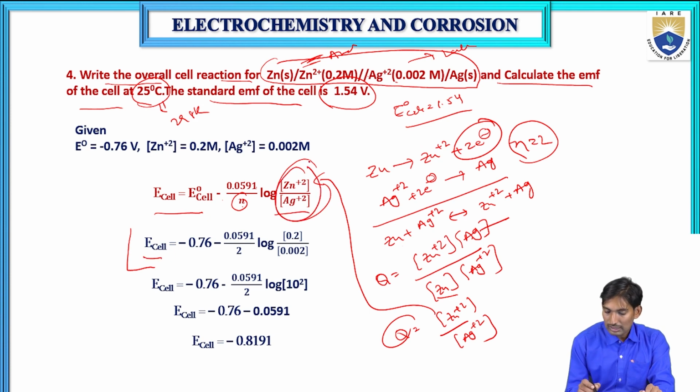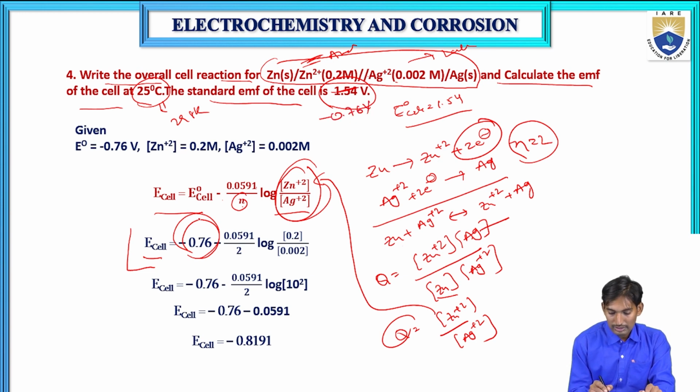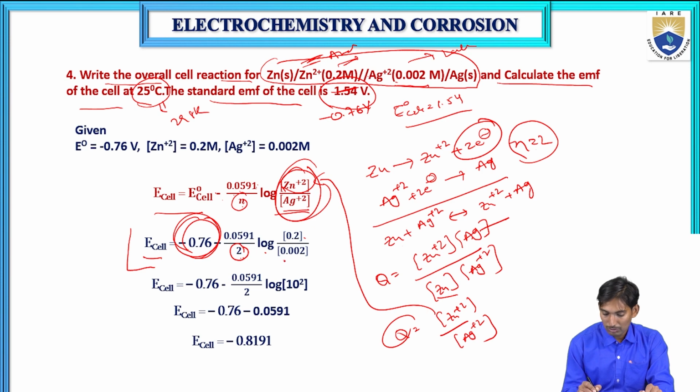E naught cell is the standard EMF, which is mentioned as minus 0.76 volts. So E cell equal to minus 0.76 volts minus 0.0591 divided by n, the number of electrons, which is 2, log of zinc plus 2 concentration. What is the zinc plus 2 concentration? 0.2 molar, and Ag plus 2 concentration is 0.002 molar.